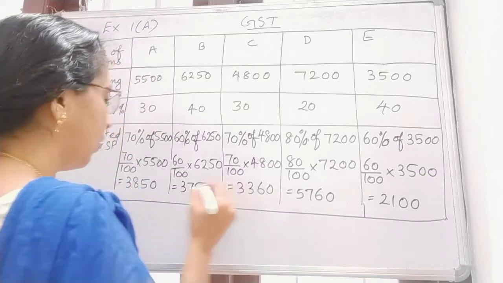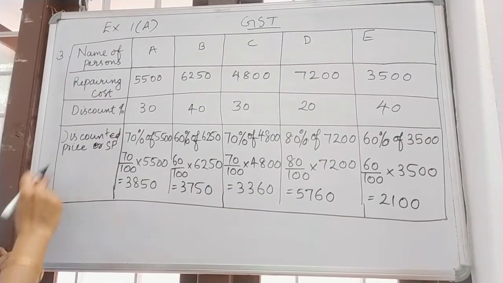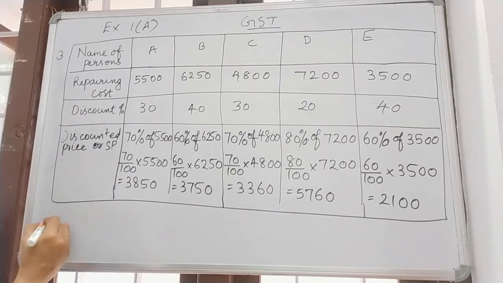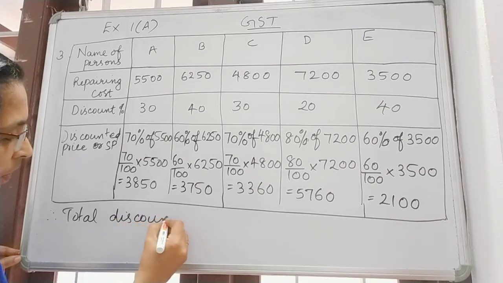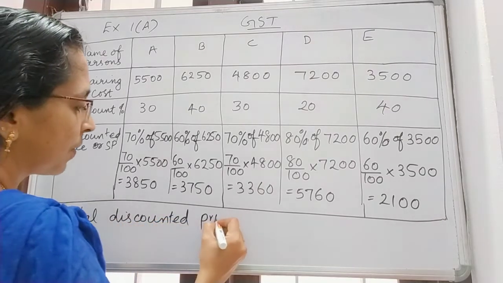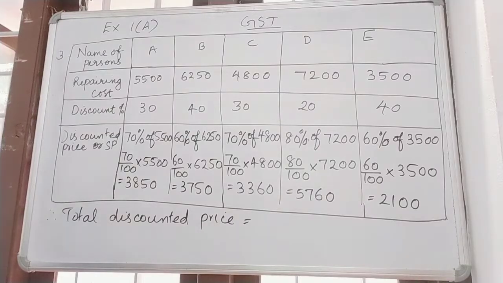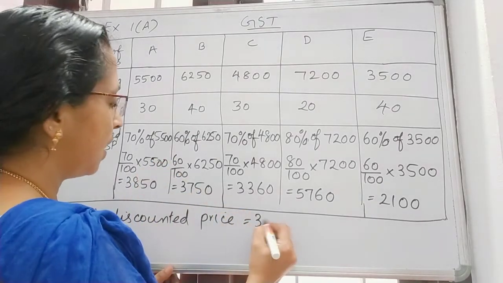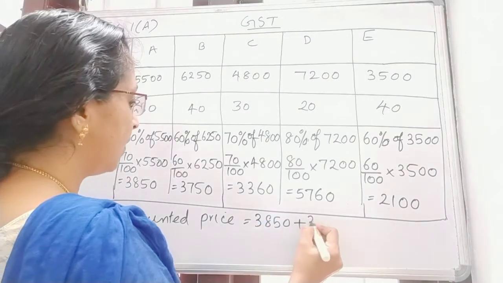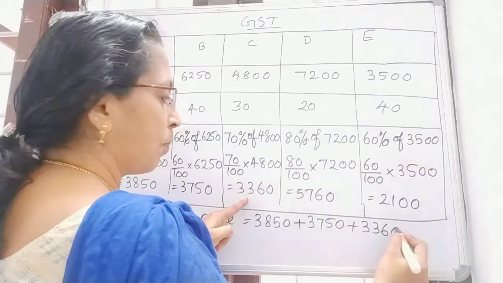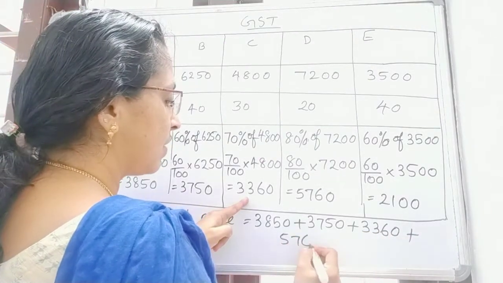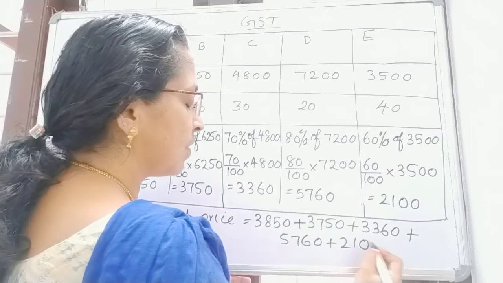Next we want to find out the total discounted price. That means total SP we want to find out. Therefore total discounted price is equal to, we have to add this 3850 plus 3750 plus 3360 plus 5760 plus 2100.